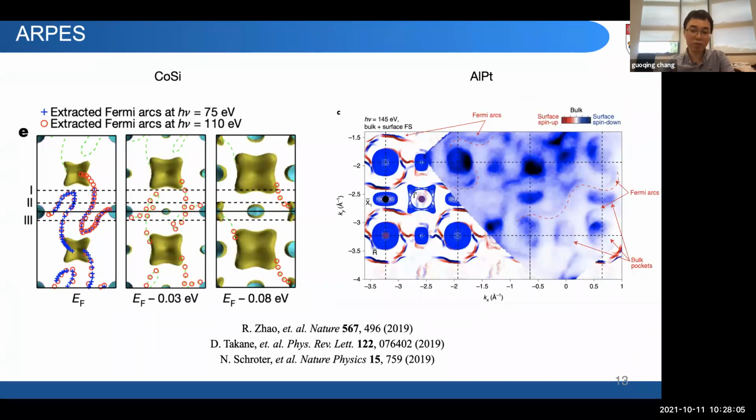Besides IHSI, people have independently observed this chiral edge mode in other materials, including CoSi and AlPt. Although the details of the band structures are different, the topology is still the same. You can see this long Fermi arc connecting the center and the corner of the Brillouin zone.